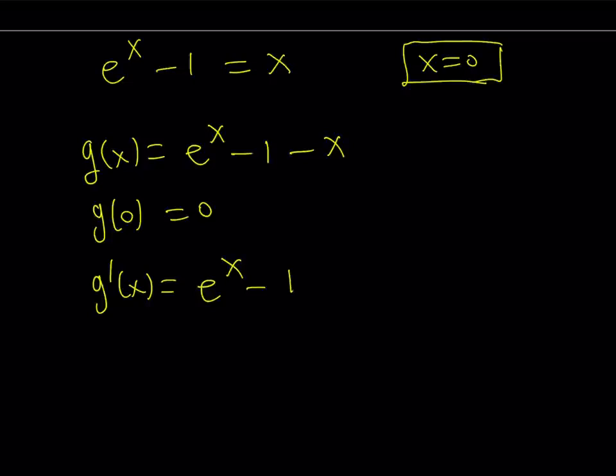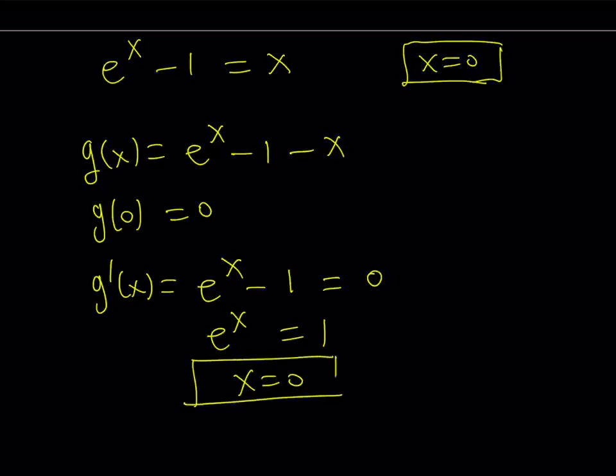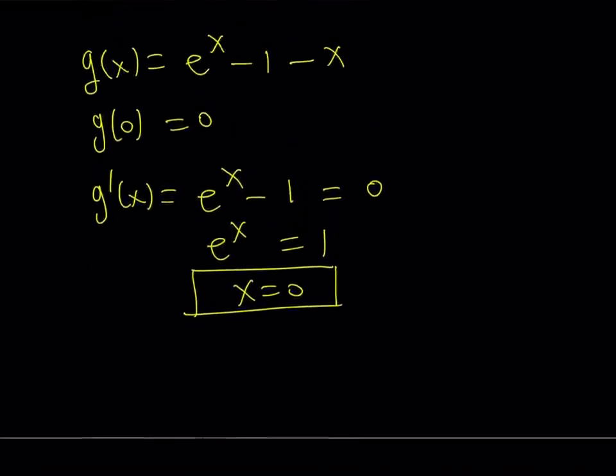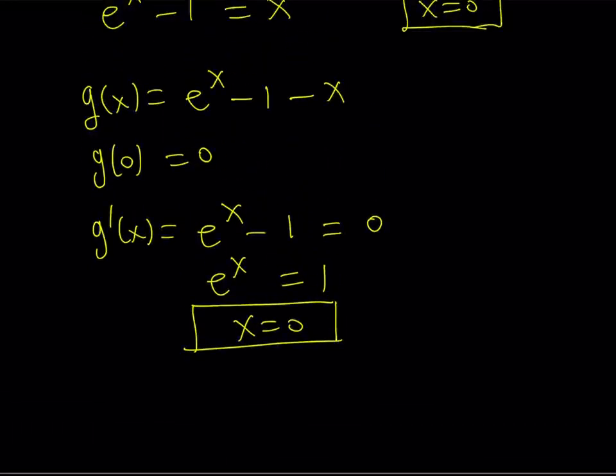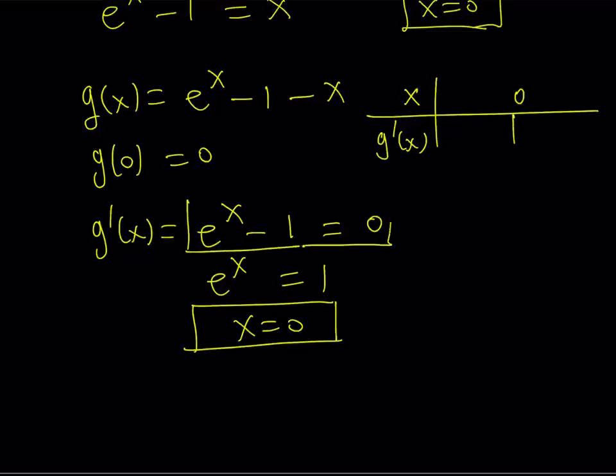And now, if you look at e to the power x minus 1 and set it equal to 0, from here you get e to the power x equals 1 and x equals 0. So we do have a critical point at x equals 0. Let's go ahead and find out what that looks like by looking at the table for the derivative of g of x. So the derivative has a root at 0, and this expression, the derivative, is going to be positive if x is greater than 0, because e to the power x is going to be greater than 1 in that case, and it's going to be negative otherwise.